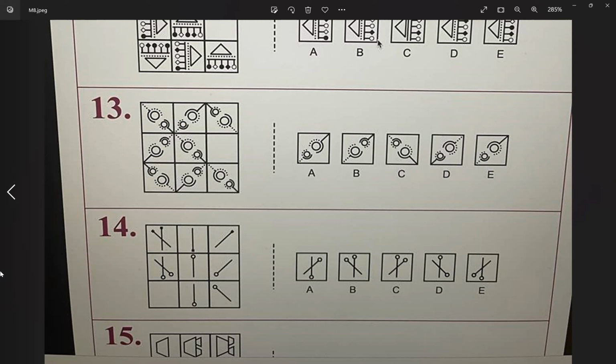Okay, so first I know what direction. Again, I was going to say that this can be done in multiple ways.